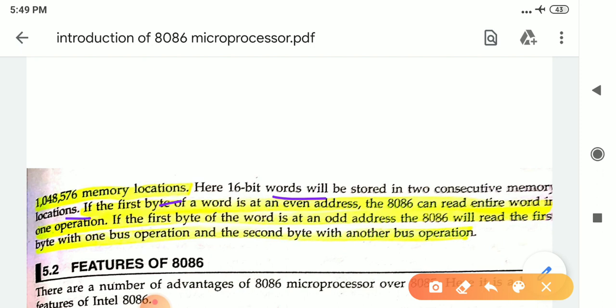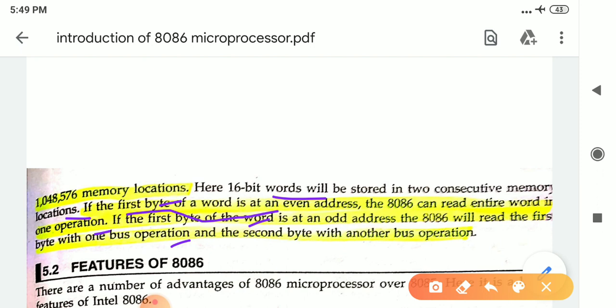Here the 16-bit words are stored in two consecutive memory locations. If the first byte of a word is at an even address, the 8086 can read the entire word in one operation. If the first byte of the word is at an odd address, then the 8086 will read the first byte with one bus operation and the second byte with another bus operation.